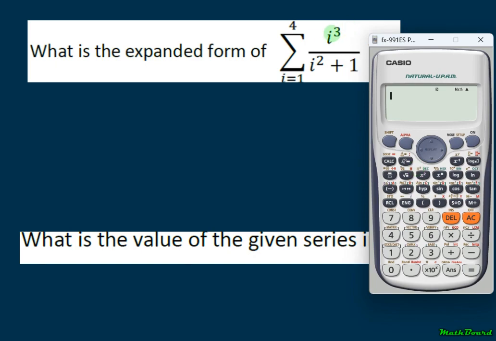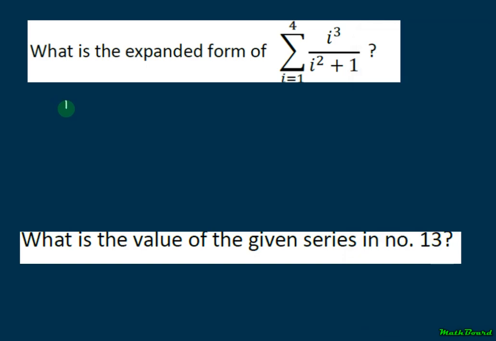If i is equal to 1, 1 raised to 3 divided by 1 raised to 2 plus 1 is 1 half. So the first term of the series is 1 half.